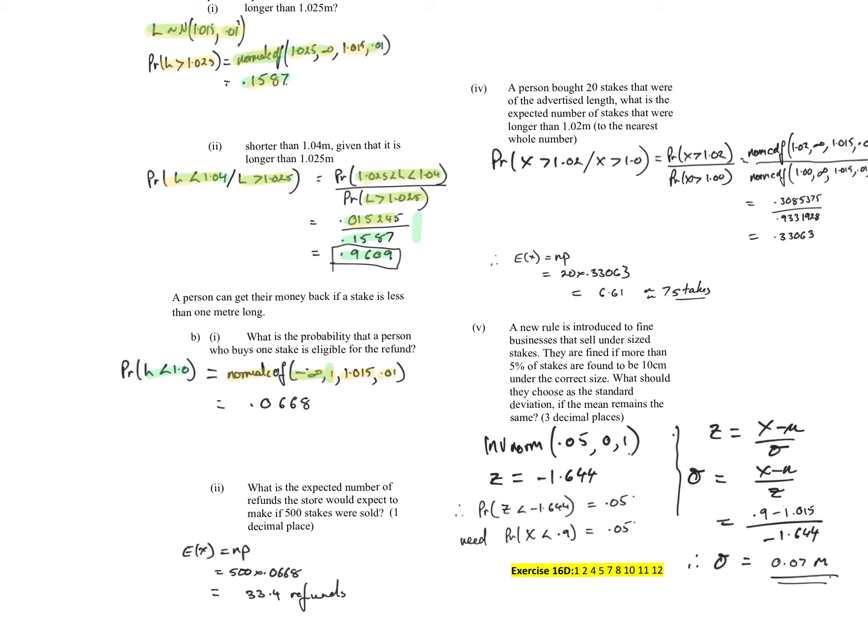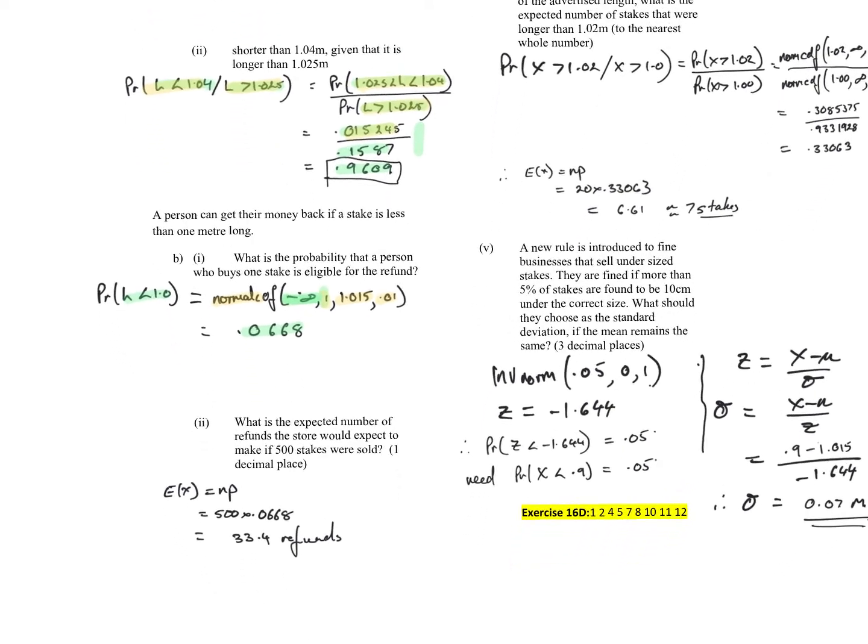Just remembering that even though I've got minus infinity there, in reality, 0 is big enough. All you really need to make sure is that your lower or upper limit is a significant number of standard deviations away from the value we're talking about. Obviously in this context, our stake's never going to be negative, so you could have put 0 if you wanted to.